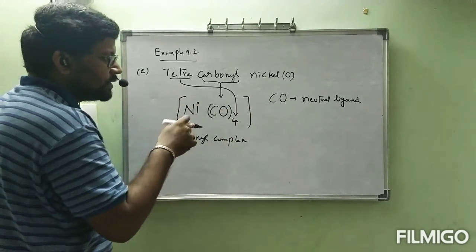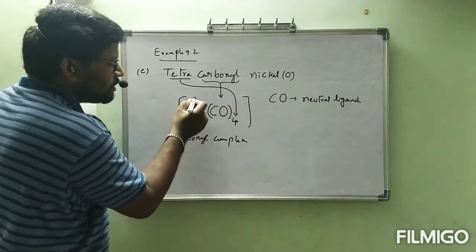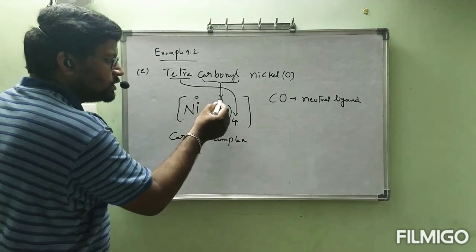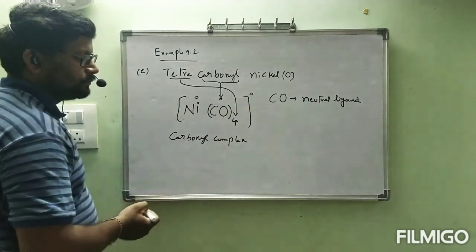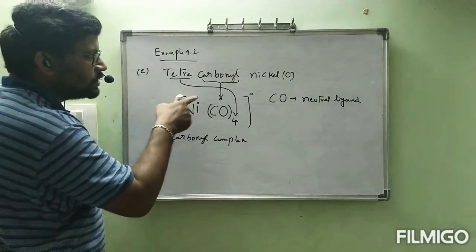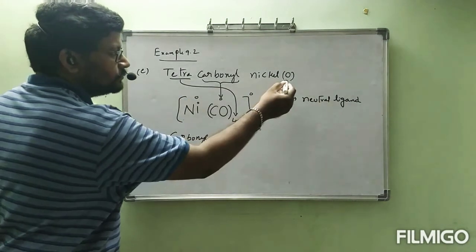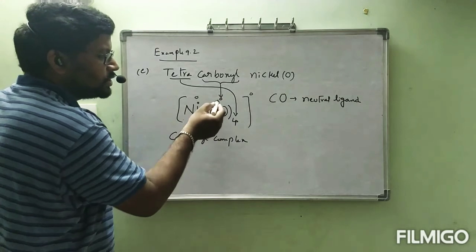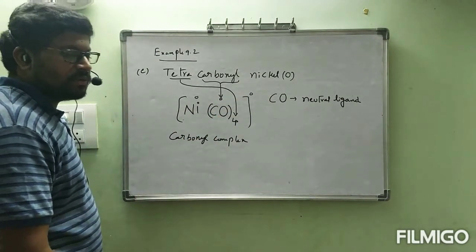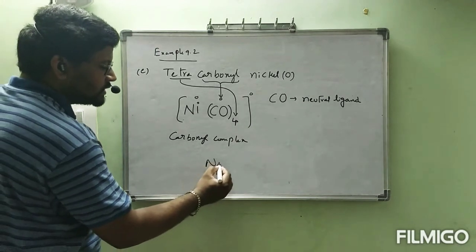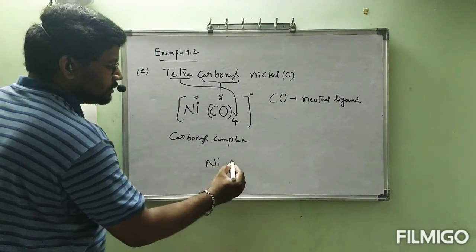It is a neutral complex because nickel has oxidation number 0 and CO also 0. Total, the metal complex contains 0 oxidation number only. So the final complex is a neutral complex.